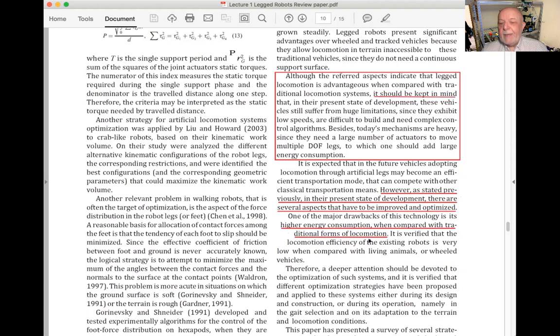If you were being asked to look at legged robots and come up with recommendations for your boss, this is saying there seems to be a gap in the literature, which is really focusing on energy consumption of legged robots. If you're a company designing legged robots, that might be something you could focus on to make you stand out in the field. Or if you're working in a research lab at a university, starting your PhD, you might say this would be a really good area for me to look at.